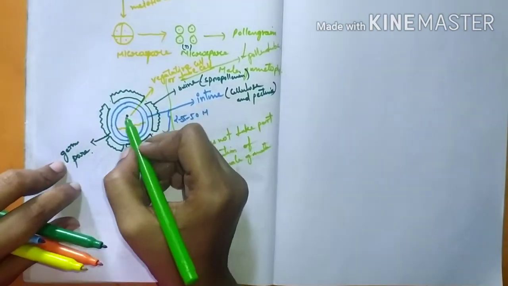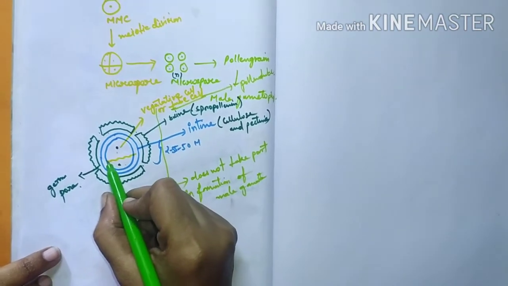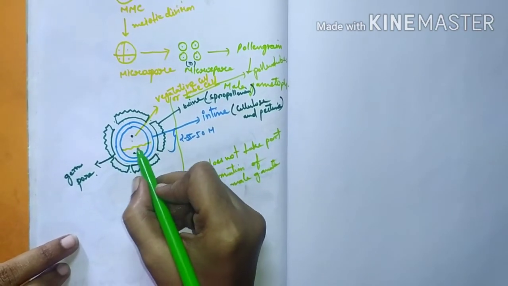So friends, one cell gets the larger cytoplasmic content and the other cell gets the lower cytoplasmic content.